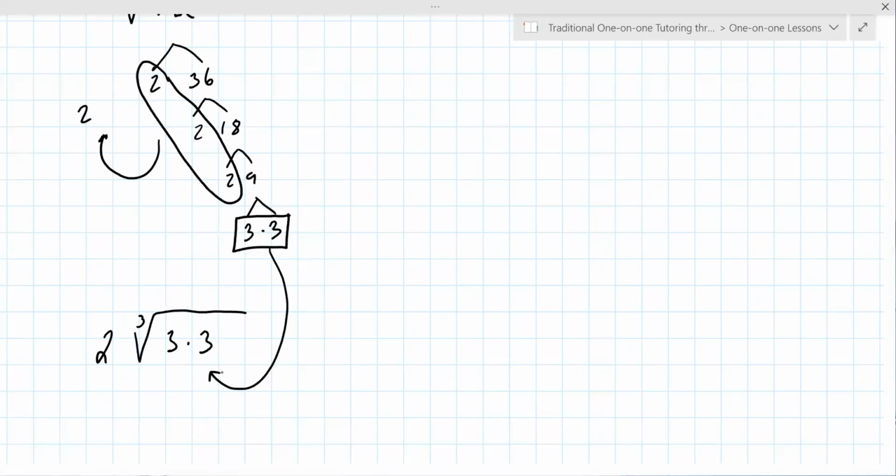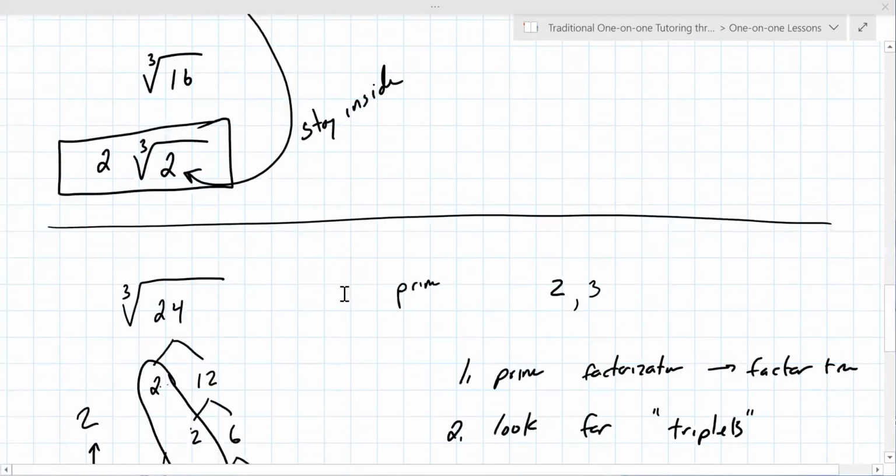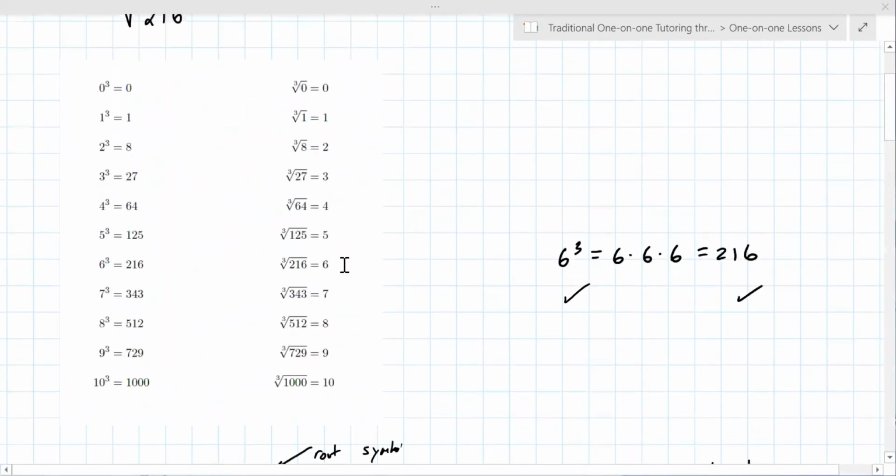I'm still a little confused, but will I learn this next year? Not sure. Probably. I think you will. It depends on the instructor. You should get this at some point. For now, what you really want to do is focus on this list right here.